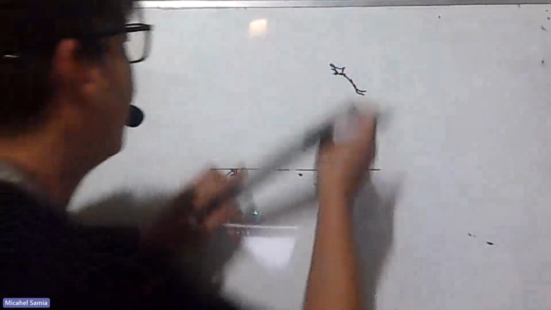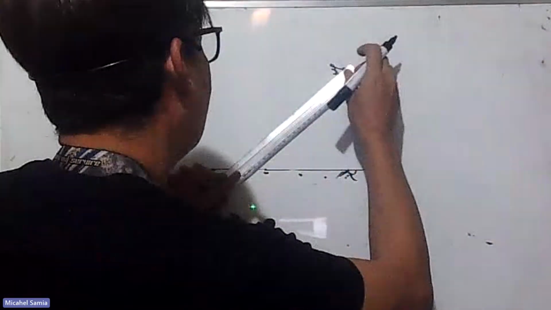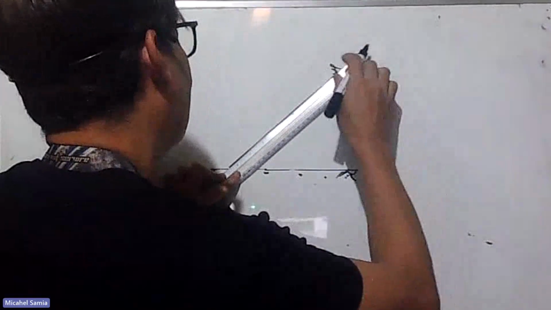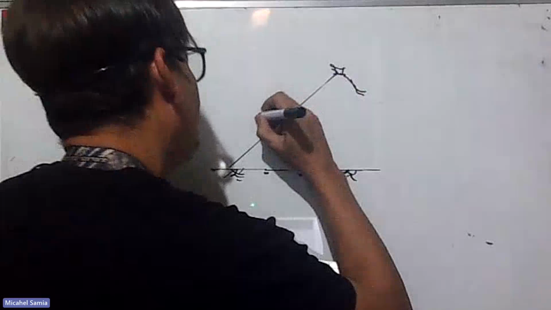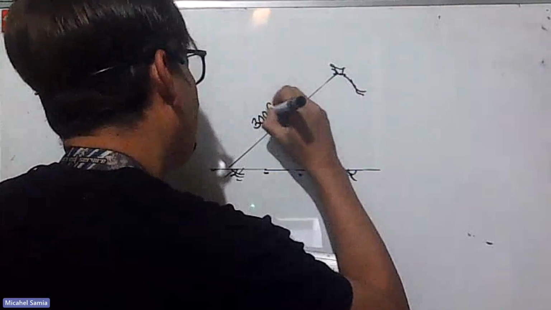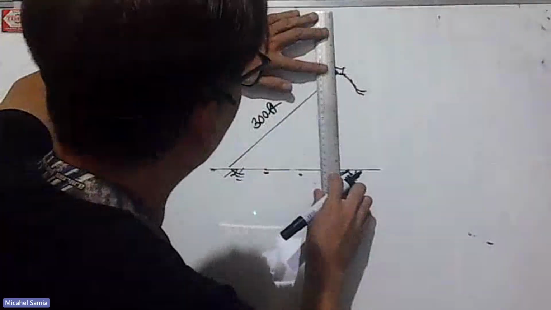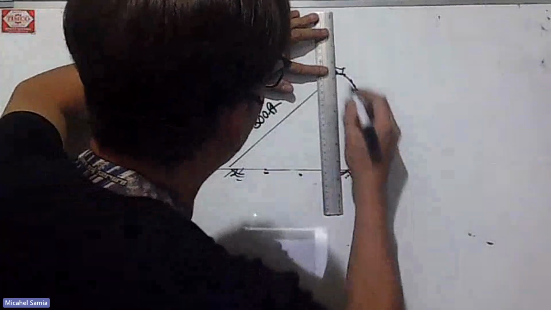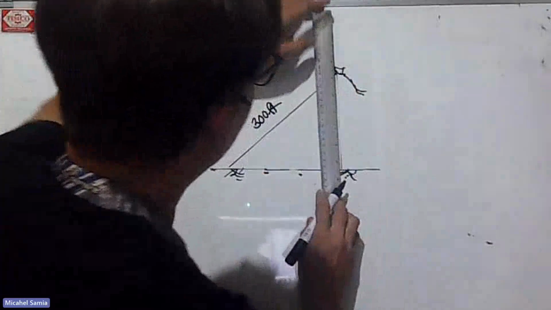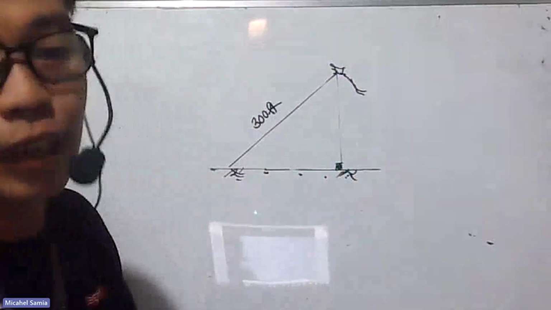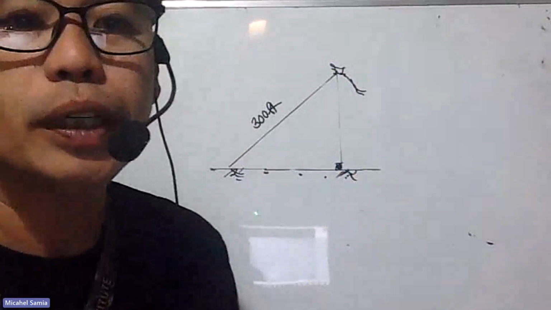The string that was out is 300 feet, so this measures 300 feet. That is what came out. So we could form a triangle. Let's make a vertical line here. This is 90 degrees. Now, there's a given angle of 42 degrees.